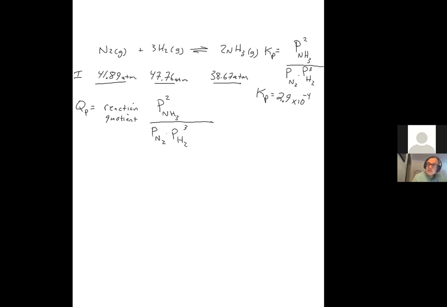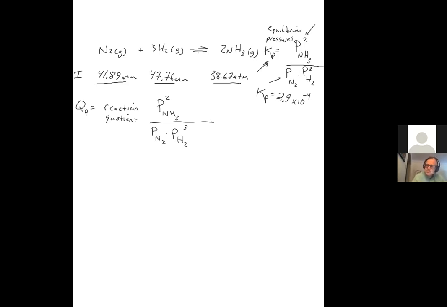Okay, but it can be done at any time during the reaction. Whereas we can only calculate this value of Kp here if we have the equilibrium pressures. So we have to be told that it's at equilibrium. On the other hand, if we say, hey, we're putting this in, that's not necessarily at equilibrium.